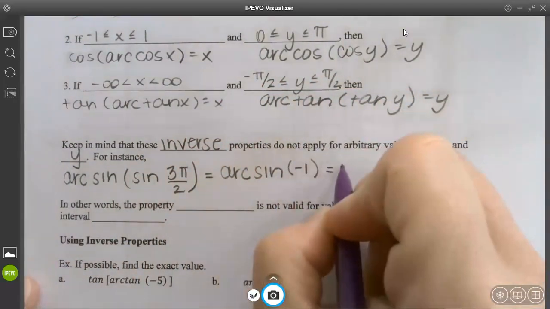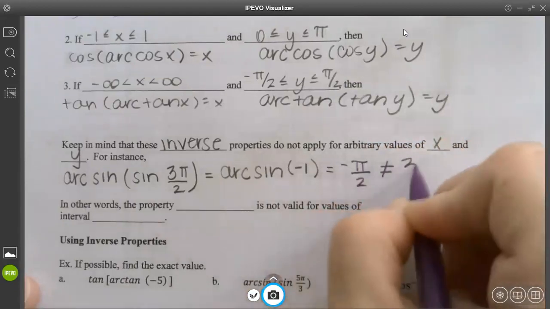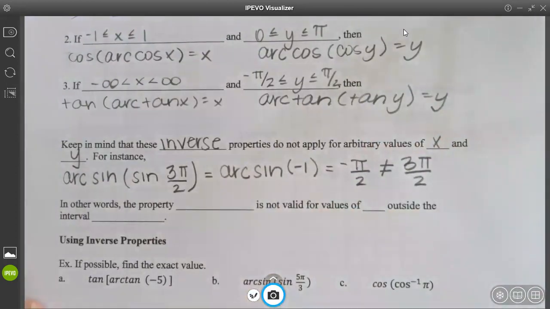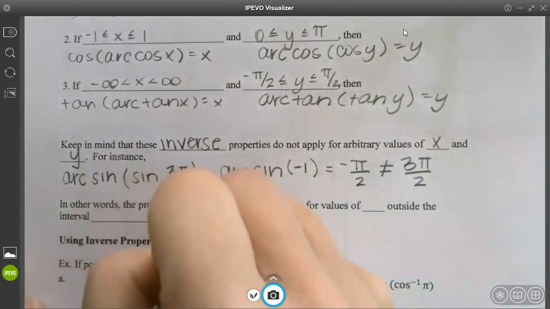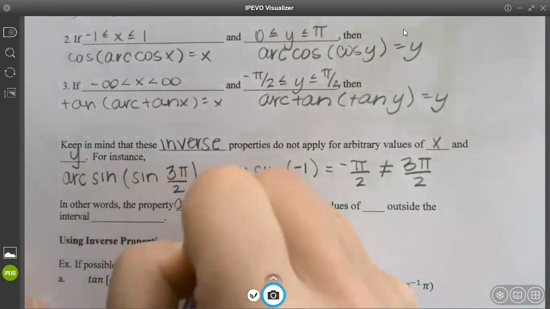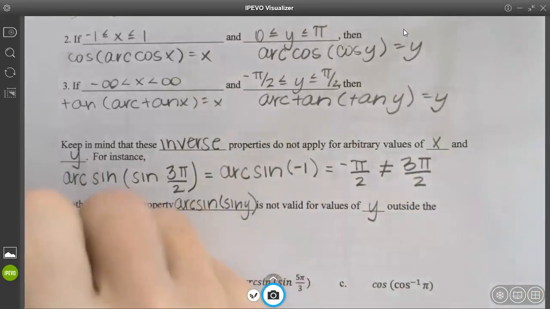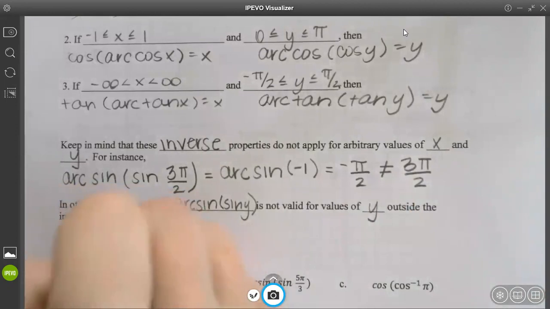Arc sine of -1 is negative pi over 2, which does not equal 3 pi over 2. In other words, the property arc sine sine y is not valid for values of y outside the interval negative pi over 2 to pi over 2, which is what you just told me. It was too big.